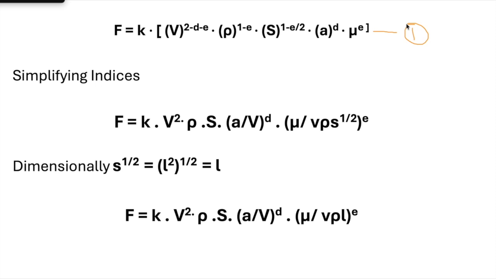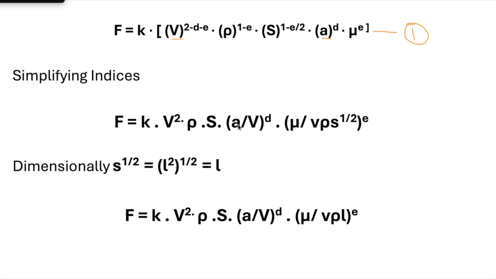So simplifying indices, I can get an equation like this, which is F equals K times V squared rho into S, and through the powers of D I can get A here, and I have a minus D here.